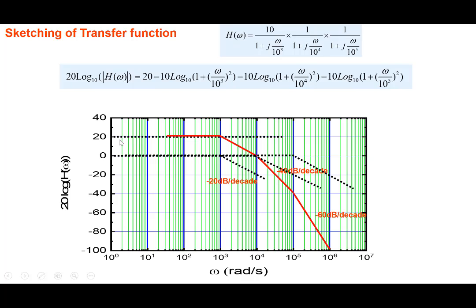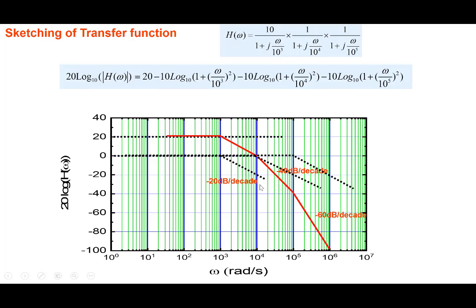Again, we can see that it's a low pass filter, and the cutoff frequency of the filter is 10 to the power 3. After 10 to the power 3, it begins to attenuate higher frequencies, and the attenuation changes with frequency.